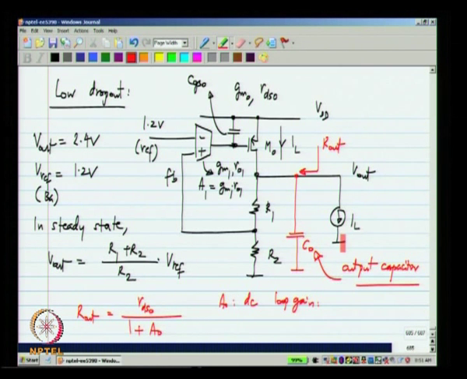So, at least you will have 2 poles, but in general you may also have poles inside the transconductor, okay, and you will have some parasitic capacitance here, which along with R1 and R2 will make the loop gain have another pole. Okay. But the dominant ones will be at the gate of the transistor M0 and due to the output capacitor C0.